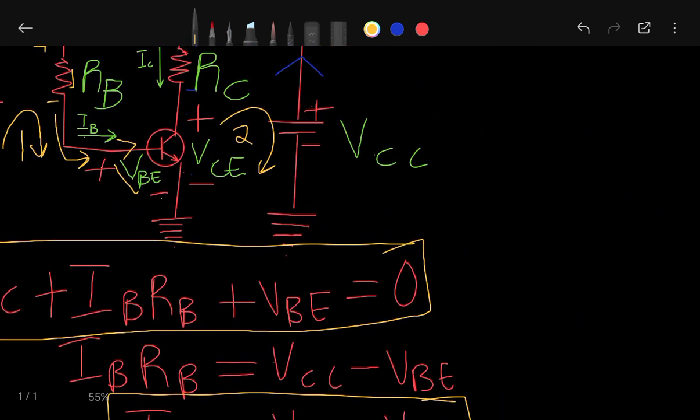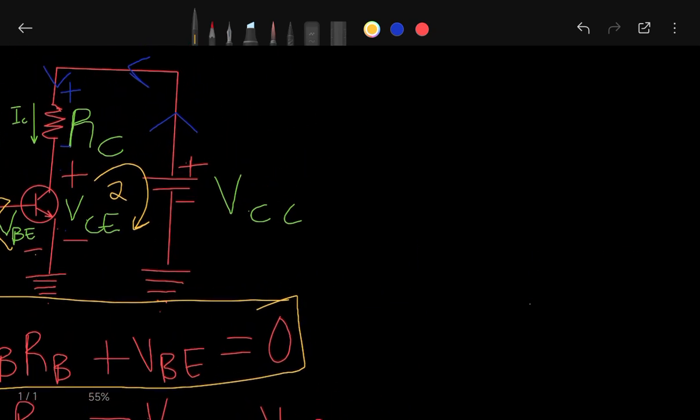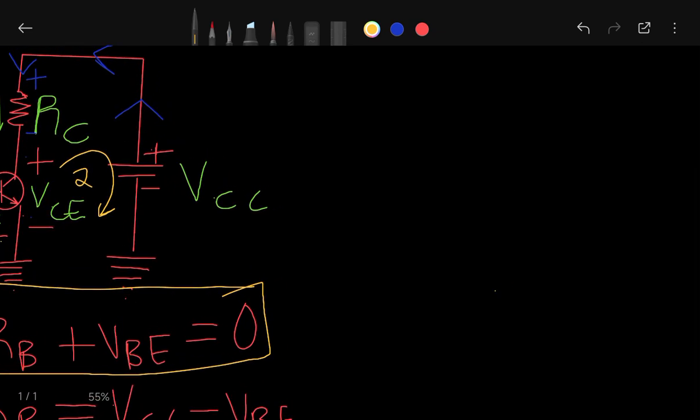Now let's go to the collector emitter loop. We're still going to do the same thing. We're going clockwise. What do we see first? We see negative VCE, so you write negative VCE. As you go, what do you see?